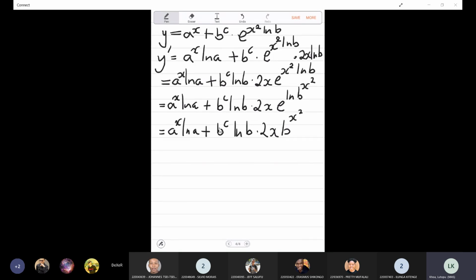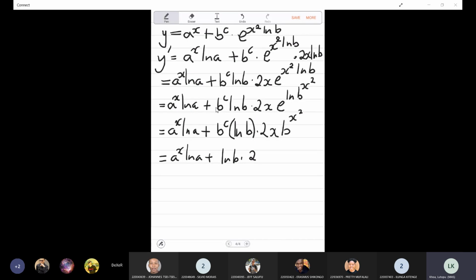Then again here, this one and that one, their bases are the same. Everything is multiplying, so we can combine the exponents. So you have b to the power of x squared plus c. So ln of a plus ln of b times, maybe here putting brackets is best so that it doesn't look like it's ln of b times something.